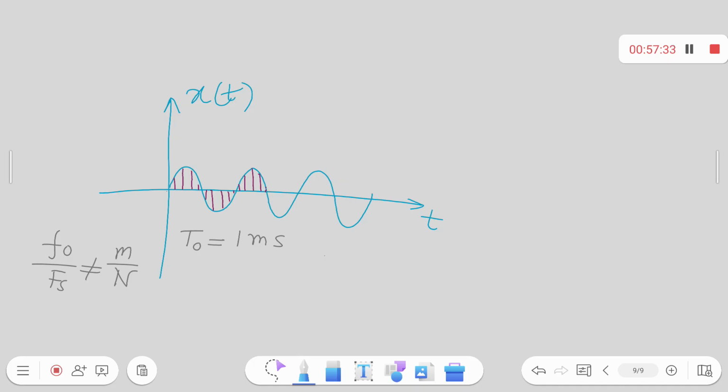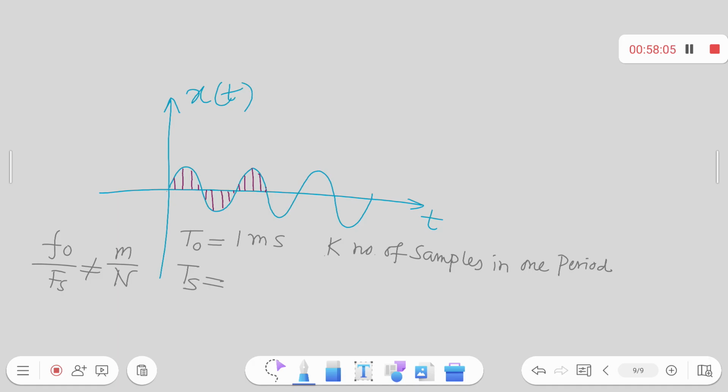So Ts can be represented like this: T naught is equal to 1 millisecond, and you take, say, k number of samples in one full period. So what will be the Ts value?